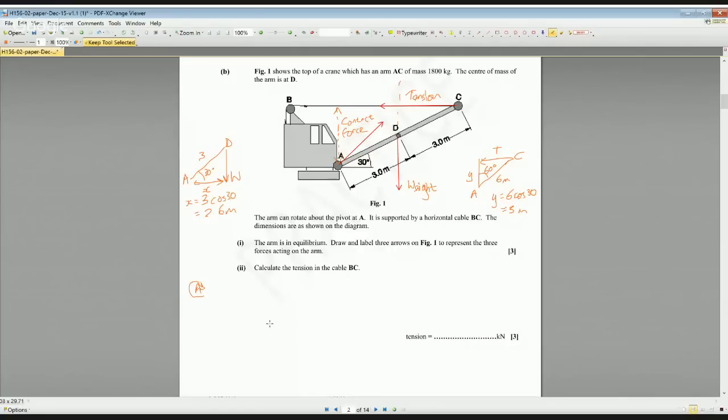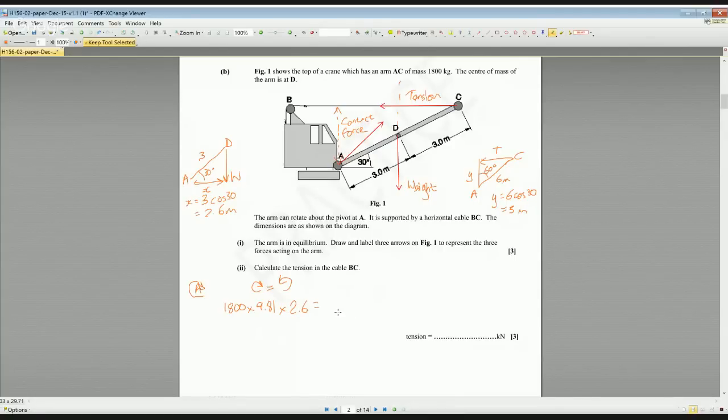That's just one way. So now we can say that the clockwise moments are equal to the anti-clockwise moments. So we can start with the weight, which is providing a clockwise turning effect around A. So the weight is 1800 multiplied by 9.81. We multiply that by the perpendicular distance, which we've worked out to be 2.6.